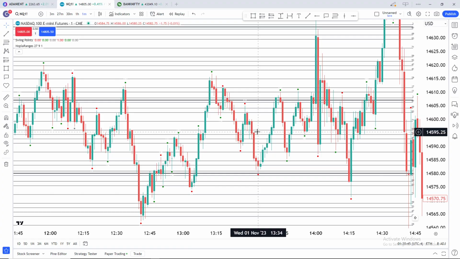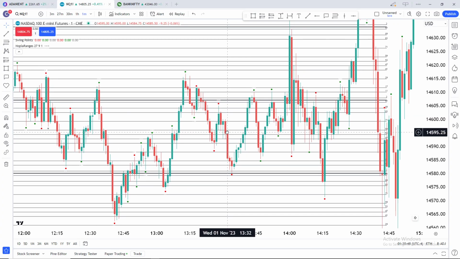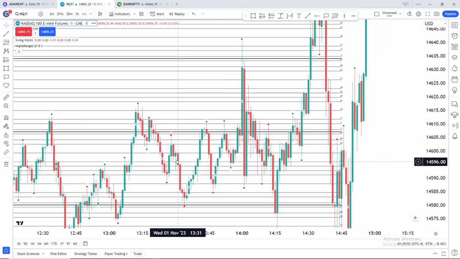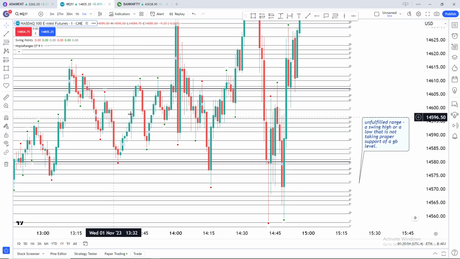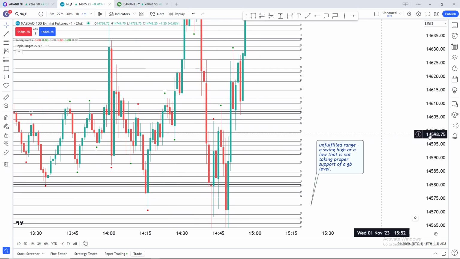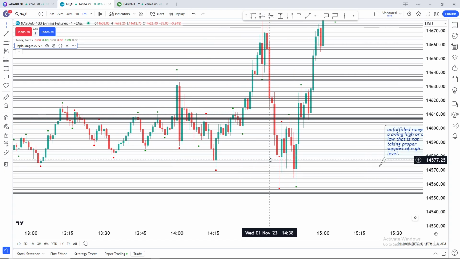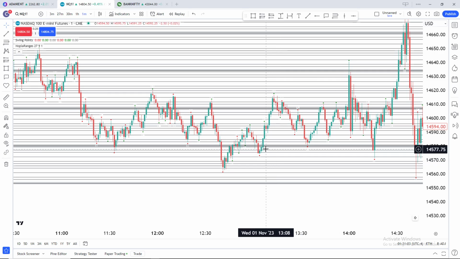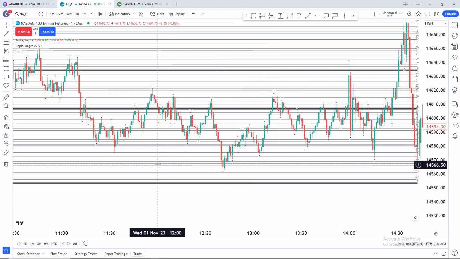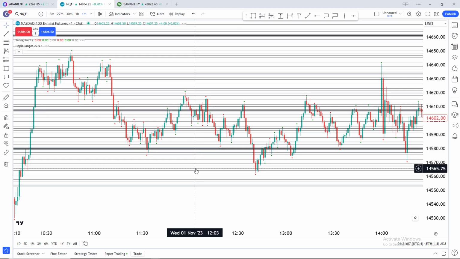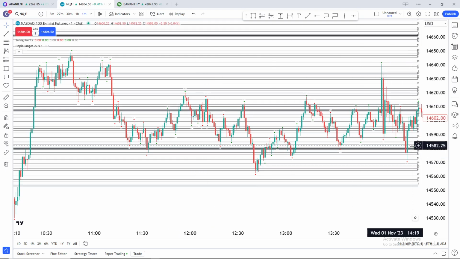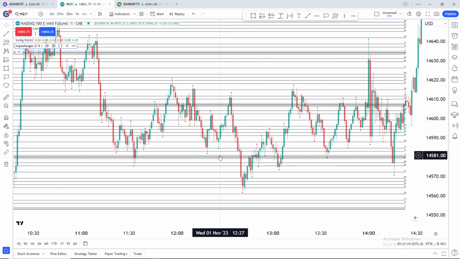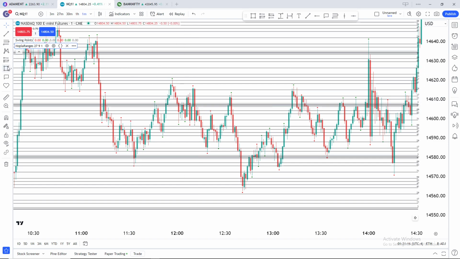So we can look at one example where it is not taking a proper support. So we can look at this, right?